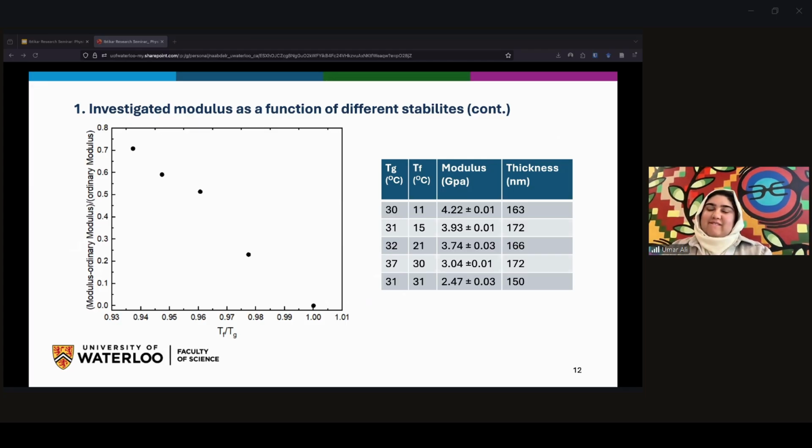My question was that when you were looking into these samples, what were the criteria for you to say that this glass is suitable for applications? Normally, I'm a physics student.